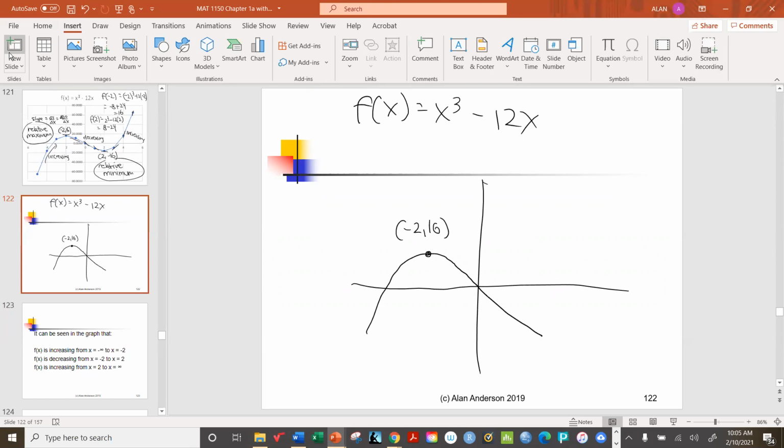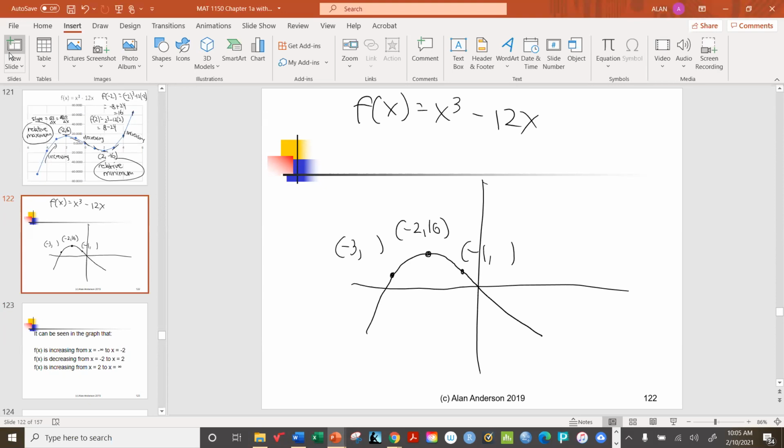Now you notice the way it looks, it's like the top of a mountain here. So what I need to know is what's happening to the function just before and just after. So let's say I evaluate it at negative 3, and again at negative 1.